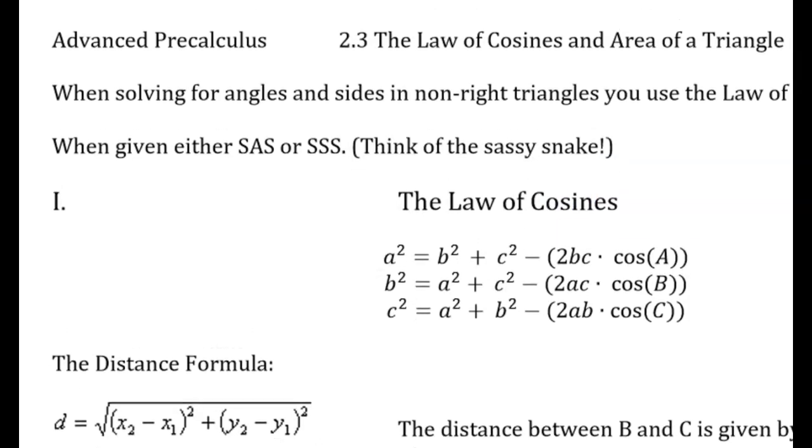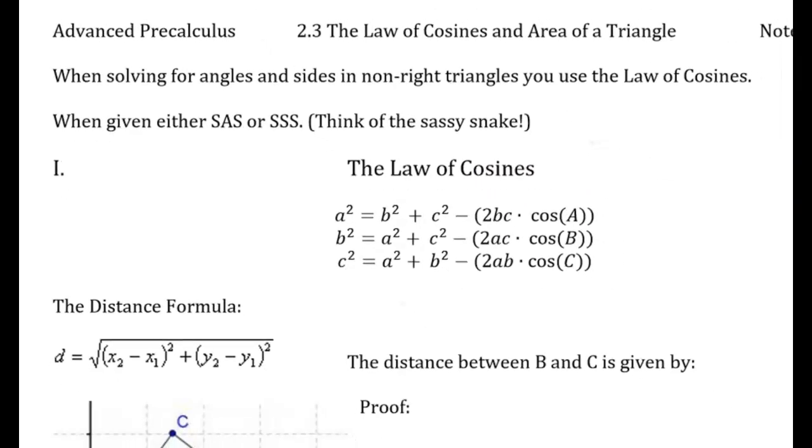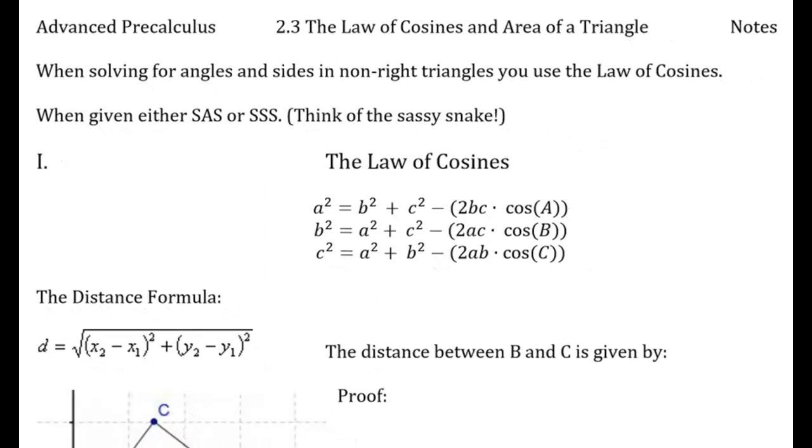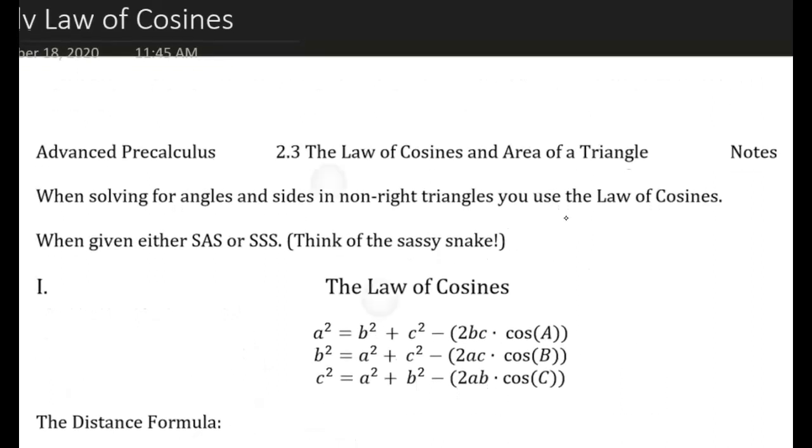All right, so we are going to do law of cosine. Now, last class we learned how to apply law of sine to triangles that are what? Someone give me an example of a triangle that we would apply law of sine to.